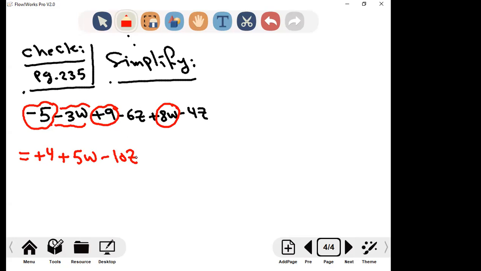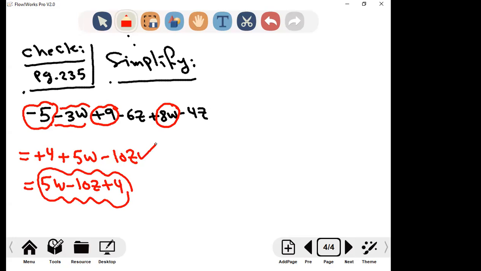So here I just want to rearrange it, that's all. So this is equal to 5w minus 10z plus 4.